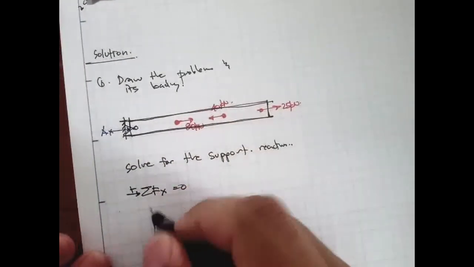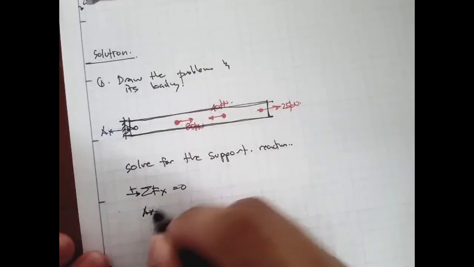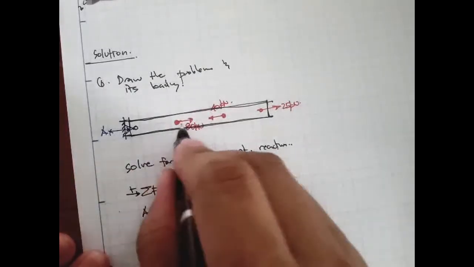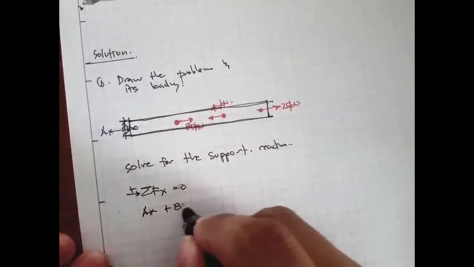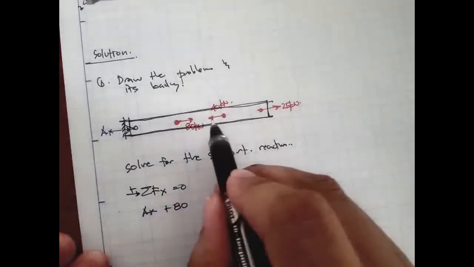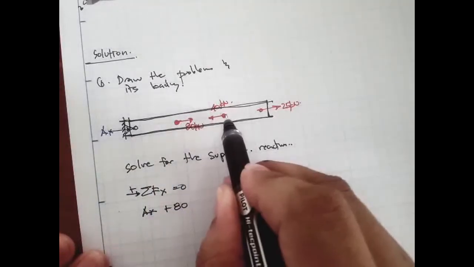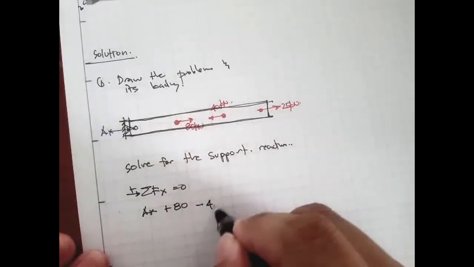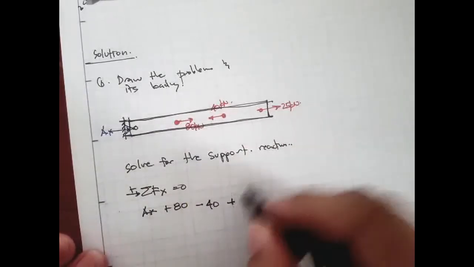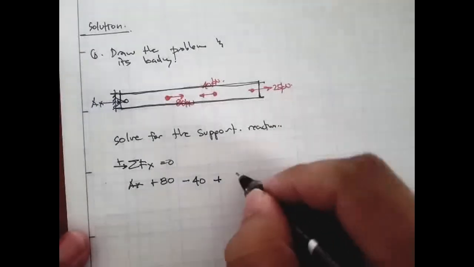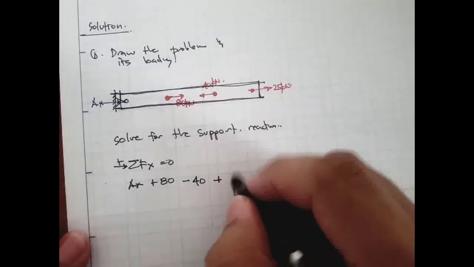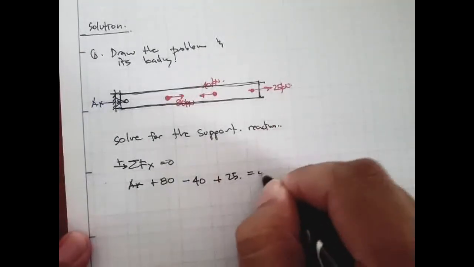So we have AX, plus 80, and the next is in the opposite direction, so minus 40, plus 25 kilonewtons is equal to 0.